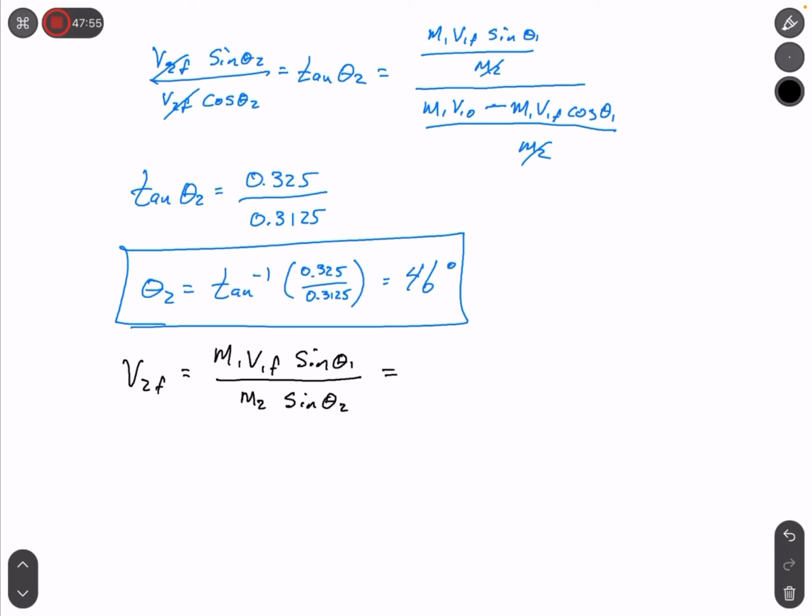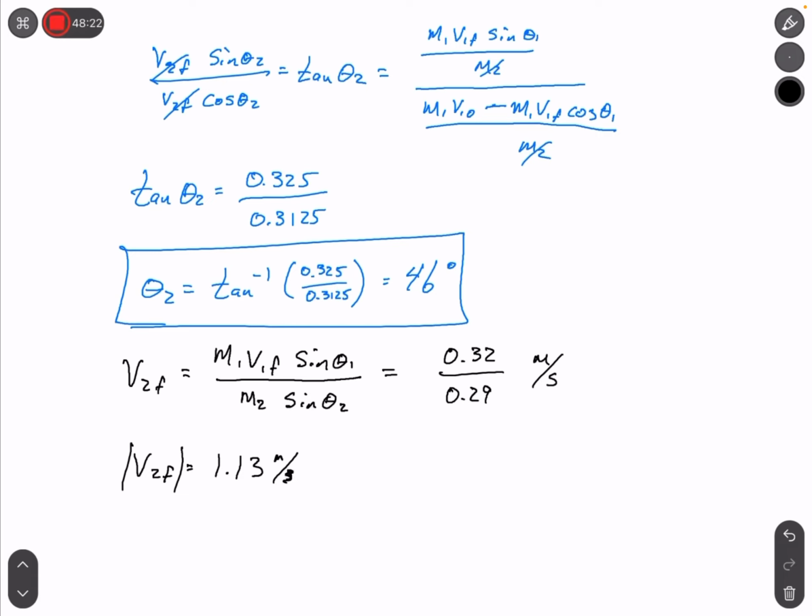And that equals 0.32 over 0.29. Kilograms all cancel out, and we're left with meters per second. So that's fabulous. Our V2 final is equal to 1.13. Now we can stick this on there and say it's 1.13 meters per second.